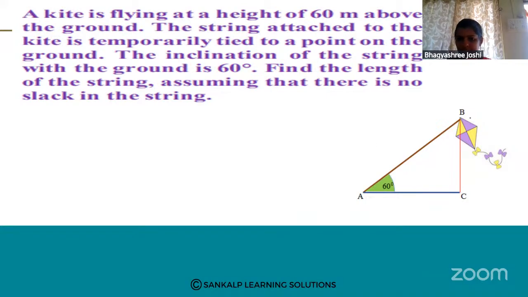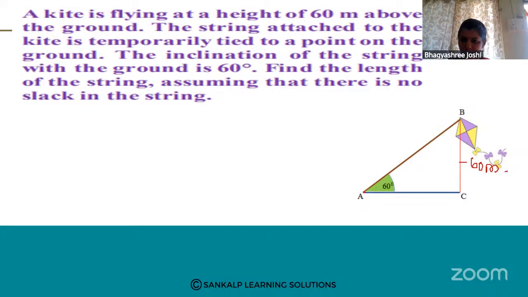So here kite is there and the kite is flying at a height of 60 meter from the ground, 60 meter above the ground. Okay. The string attached to the kite is temporarily tied at point A, temporarily tied to a point on the ground.